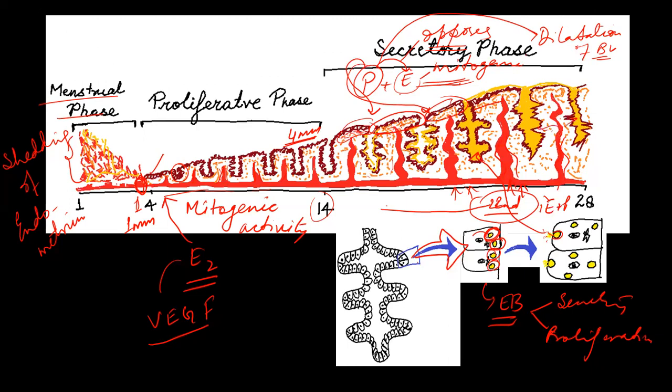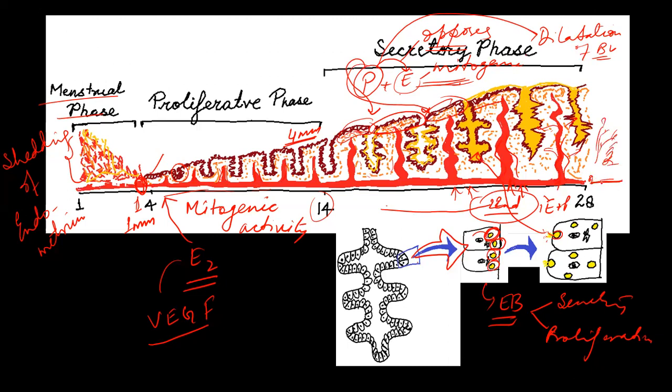So blood supply to the stroma ends. There will be no proper blood supply. There is no hormonal support. So ultimately, if there is no hormonal support, again there will be shedding of this endometrium.